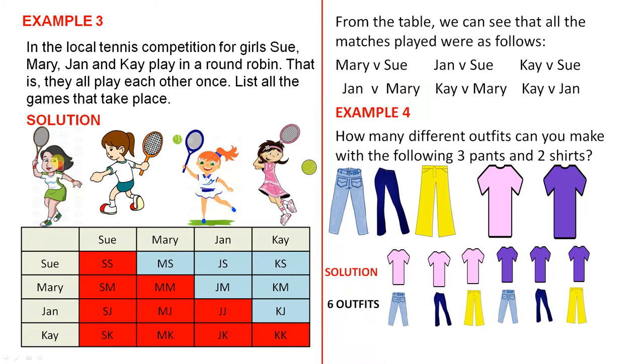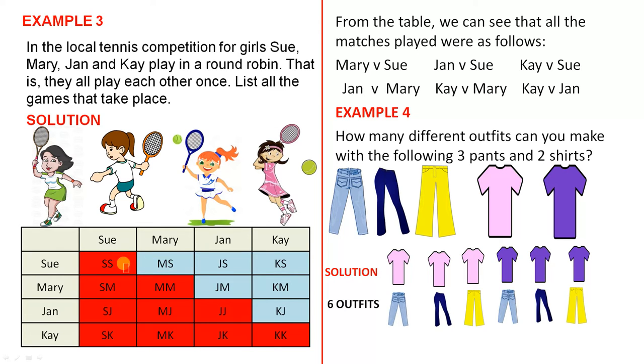So here are the 4 competitors, Sue, Mary, Jan and Kay. So we write down all the possibilities. Sue, Sue means SS. Sue, Mary, SM. Sue, Jan, SJ. Sue, Kay, SK. And you keep going all the way through the table till you finish.